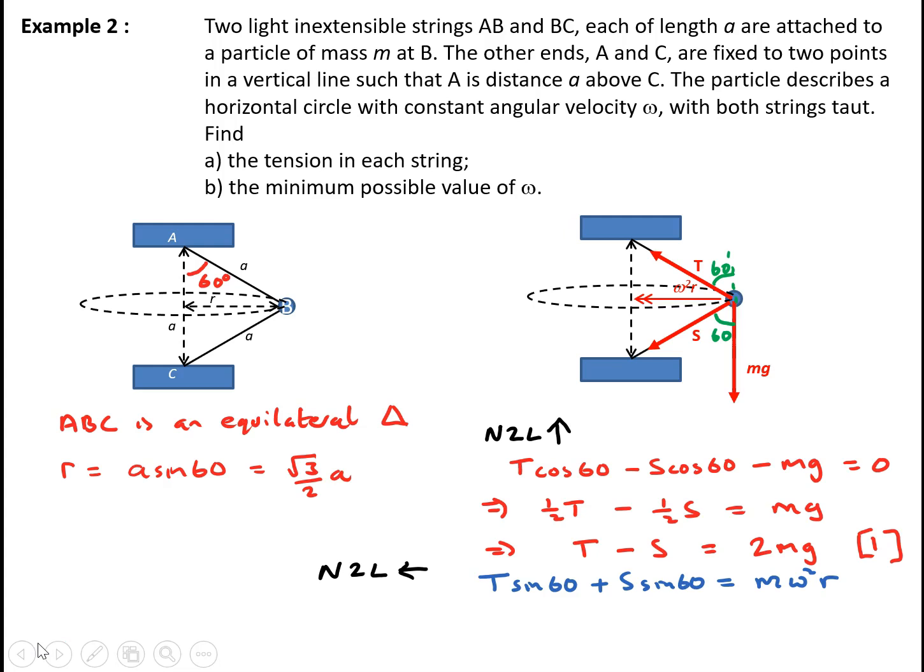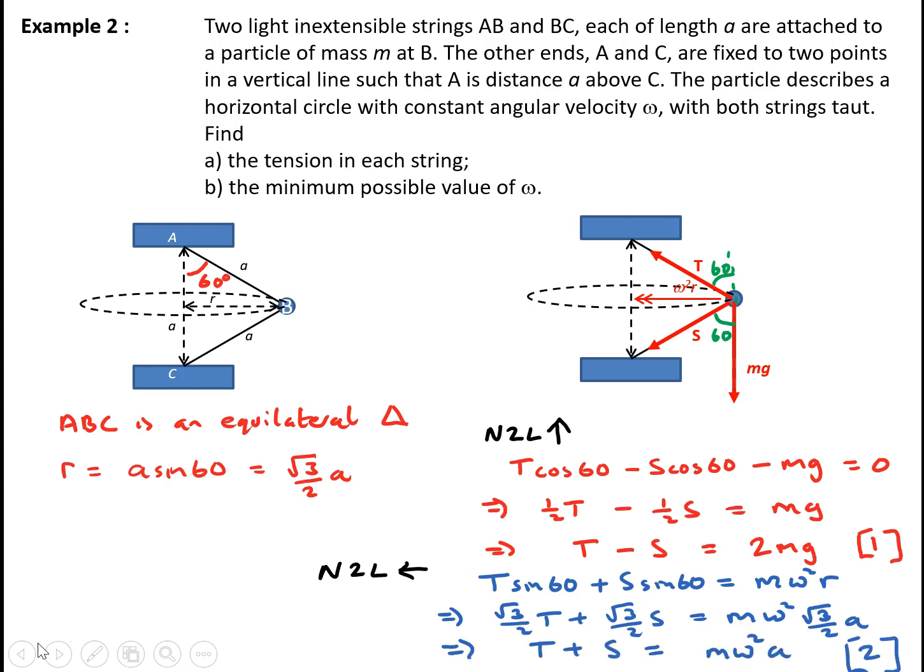Now we know that sine 60 is root 3 over 2, so we've got T times root 3 over 2 plus S times root 3 over 2 must equal m omega squared times r, which is root 3 upon 2 a. If we divide through by the root 3 upon 2's, we end up with T plus S must equal m omega squared a. So what we now have is a pair of simultaneous equations for T and for S.